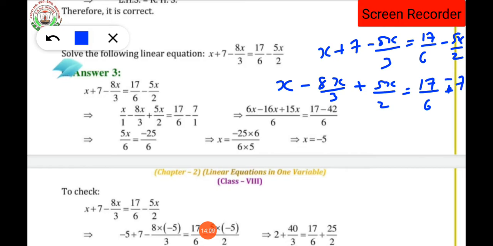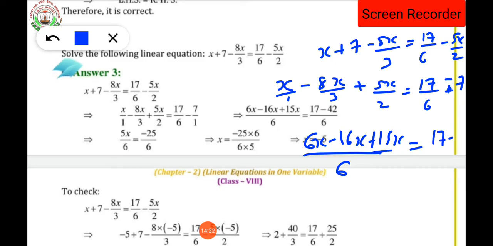Now taking the LCM. Here x does not have any denominator, so it will be 1. So taking the LCM of 1, 3 and 2, it will become 6. Now here it will be 6x minus 16x plus 15x. When we calculate the constants, here it will be 17 minus 42 upon 6.